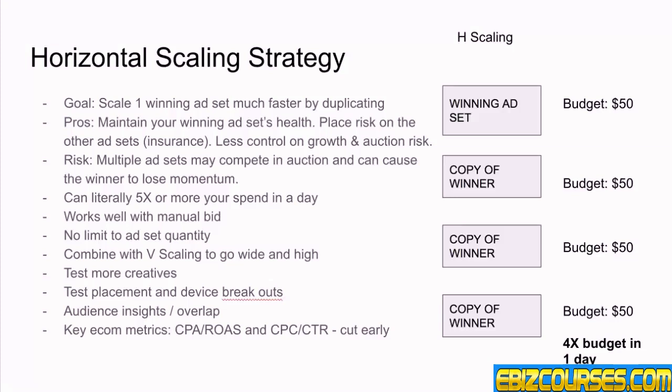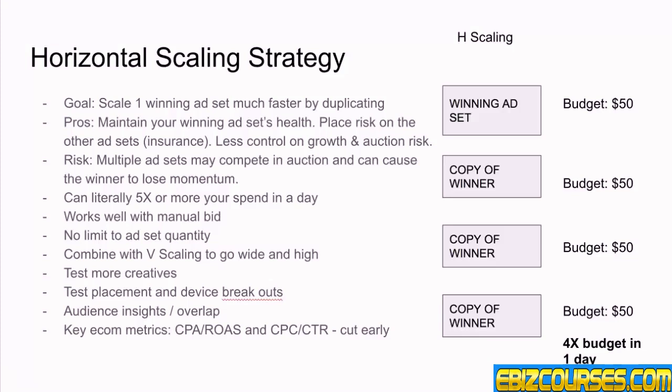Again, keep an eye on those key metrics across your ad sets, making sure that they are performing, but also being able to cut early. So for example, if at the start of the day I've made 5, maybe even 10 duplicates of a winning ad set, then I want to know, based on the performance of the account, when I should be getting good results.